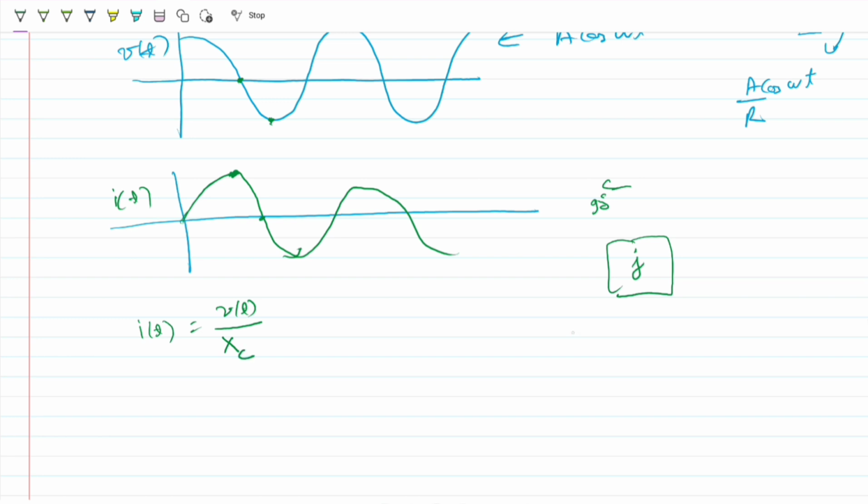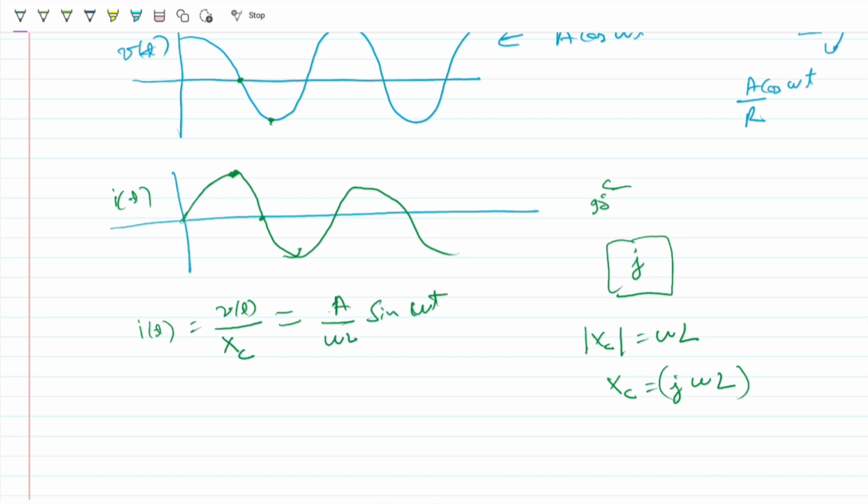We know that the magnitude of the reactance of an inductor from the above is omega L, but we also want this current to be delayed by 90 degrees. So if we denote the reactance by J times omega L, in the language of complex numbers this means that the current I of t would be delayed by 90 degrees, and its amplitude will be A by omega L times sine of omega t.